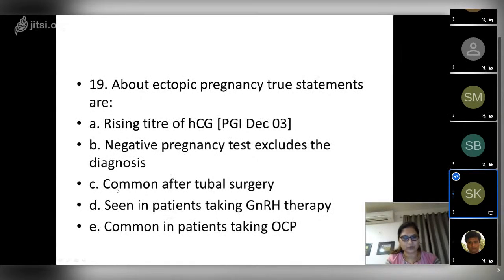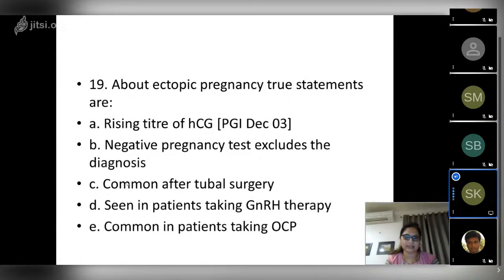Third one, that is C. Common after tubal surgery? Yes. Very common after tubal surgery, because as it is, there will be a scar on the tube, and definitely there will be high chances whenever there is a pregnancy post tubal surgery. It could be in the form of a salpingostomy or tubal recanalization surgery. Most of the times, whenever there is a pregnancy post tubal recanalization, there are very high chances of ectopic pregnancy, and you need to counsel the patient very thoroughly regarding this possibility.